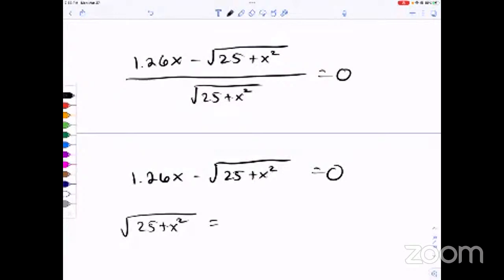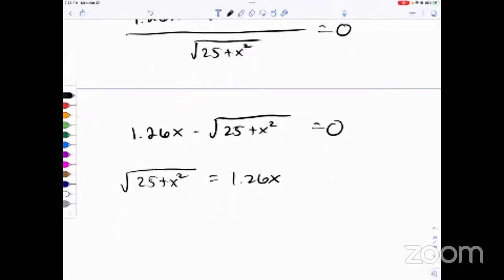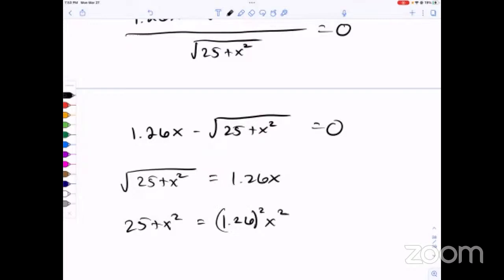Square both sides: 25 plus x squared equals 1.26 squared times x squared. I'm leaving it like that for now. I'm going to set this to 0 and solve.